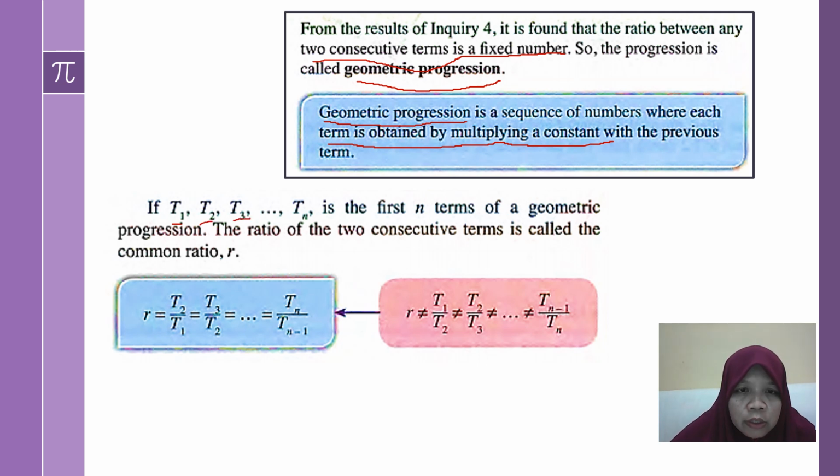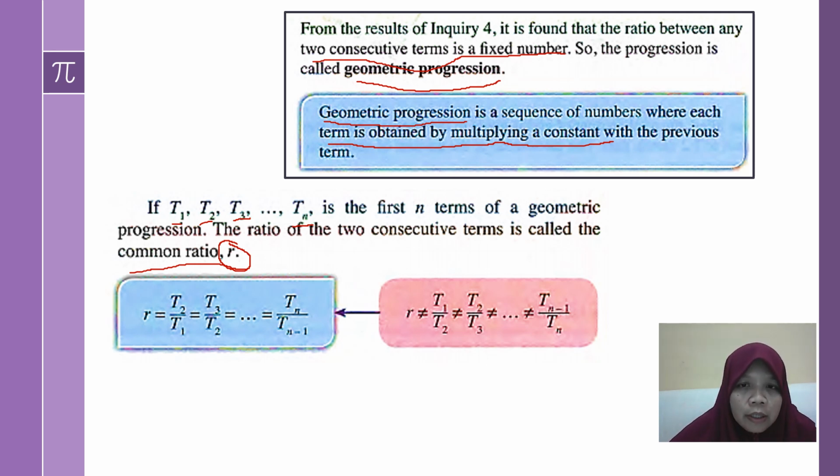If T1, T2, T3, T4 and so on until Tn, the last term, are the first n terms of a geometric progression, the ratio of two consecutive terms is called the common ratio, and we write it as r. How do we get the common ratio from the geometric progression?